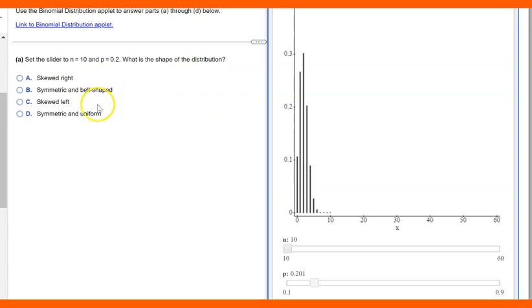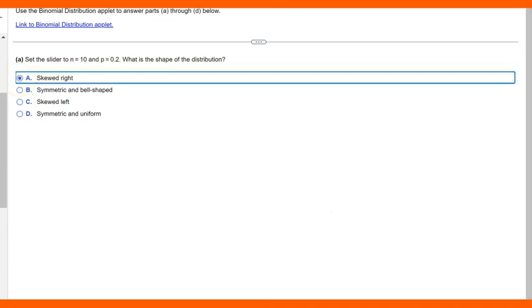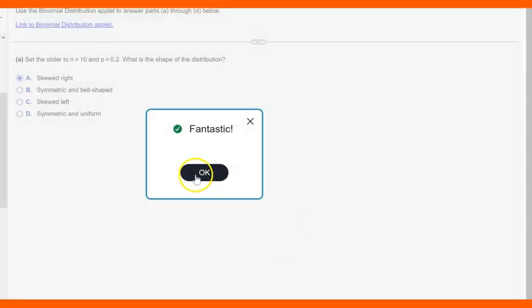But what you notice is that the distribution is going to be skewed right. Notice this bar here, it looks like your distribution is skewed right. Therefore, for n equals 10, if the p value is close to 0, the shape of the distribution is going to be skewed right, correct? Check the answer, and you get it right.